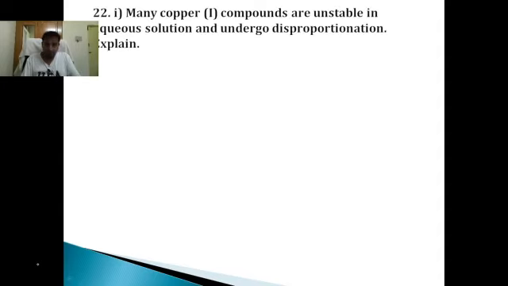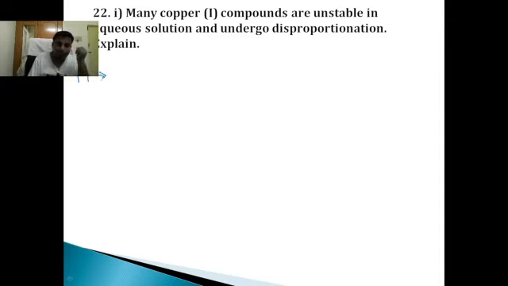Many copper 1 compounds are unstable in aqueous solution and undergo disproportionation reaction. Why? You have to explain.